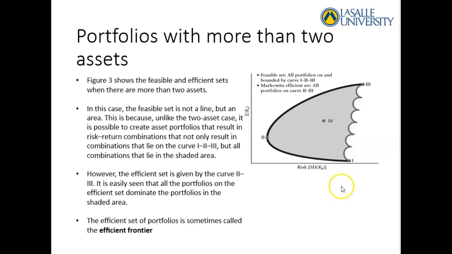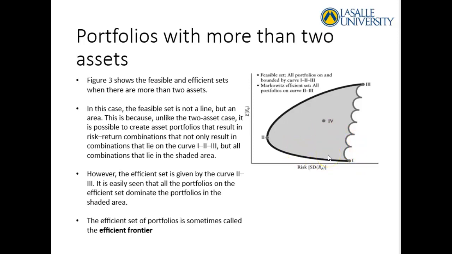This is because, unlike the 2 asset case, it is possible to create portfolios that result in risk-return combinations that are not only on a curve, but also in the shaded area here in the graph.